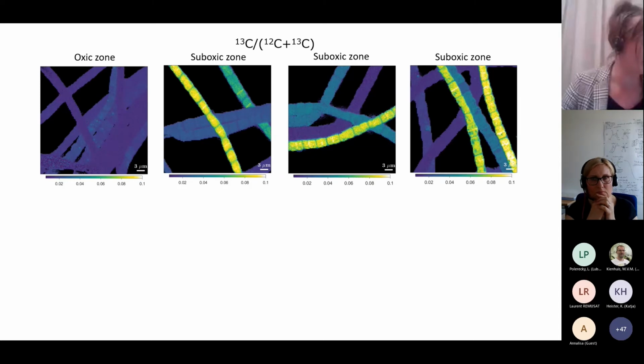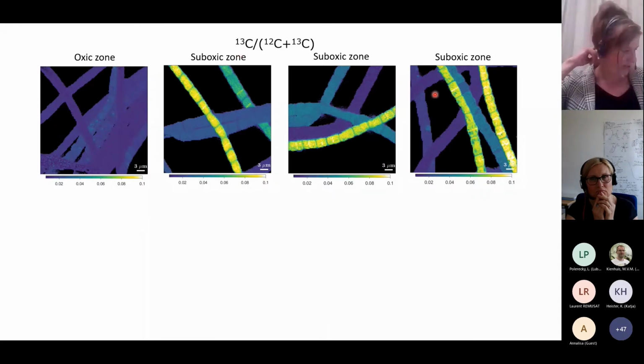As you can already see in the first image, they didn't take up very much 13C bicarbonate, which means that they were not assimilating any carbon in the oxic zone, whereas they were assimilating carbon in the suboxic zone.